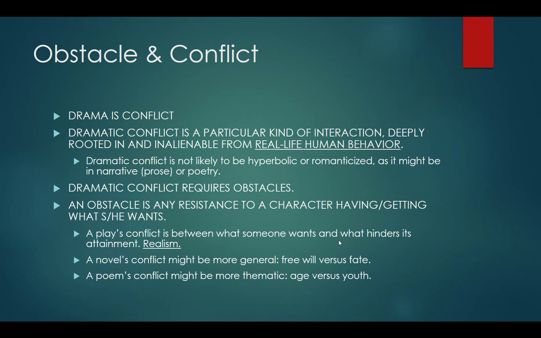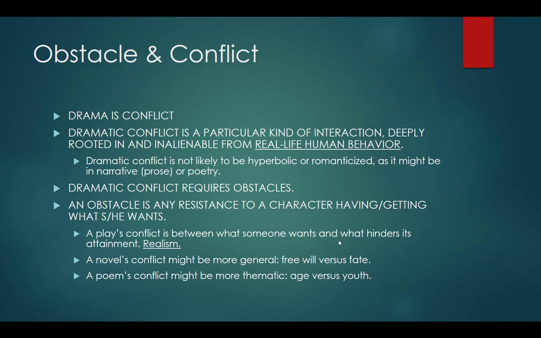Dramatic conflict then requires obstacles. And an obstacle is what it sounds like. It's any resistance to a character having or getting what they want. So a play's conflict is between what someone wants and what hinders its attainment. It is realism. We could compare that to a novel's conflict that might be some big idea, some thematic thing like free will versus fate, independence versus destiny.